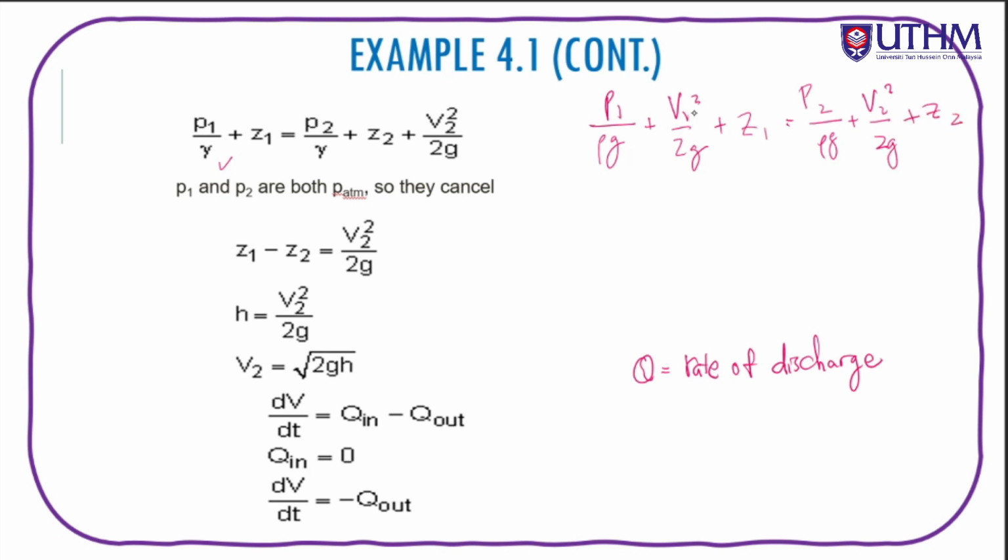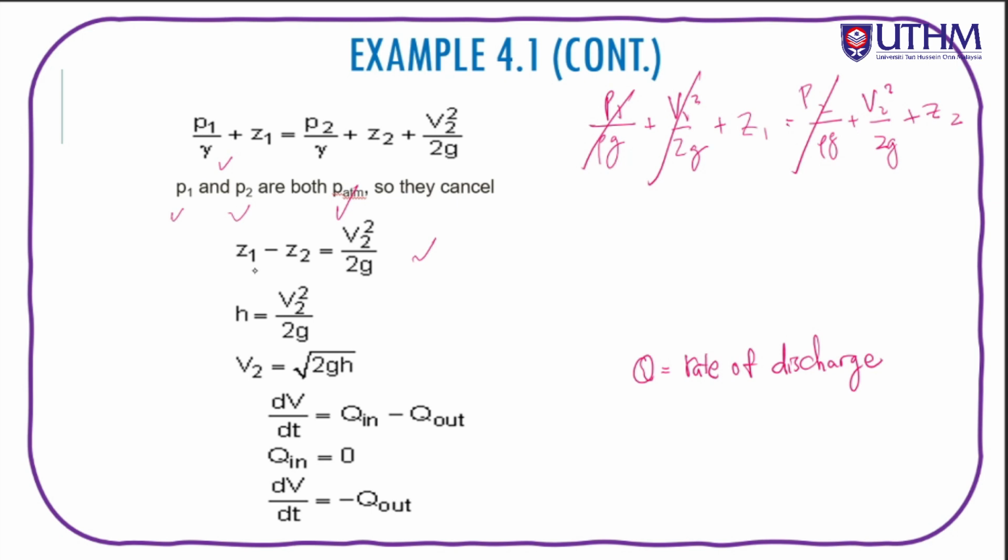Since V1 equals to 0, these items kita let go, kan? And then P1 and P2 are both atmospheric. So since P1 and P2 are both atmospheric, kita kena cancel out these two parts. Okay, so what's left is Z1 minus Z2 equals to V2 squared over 2G.